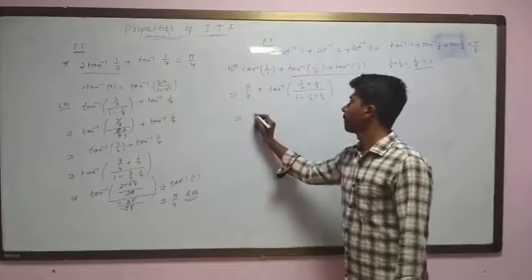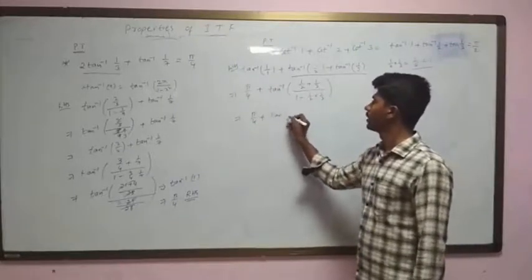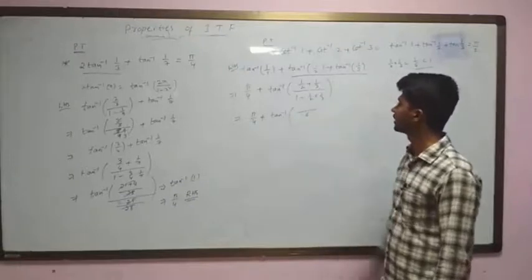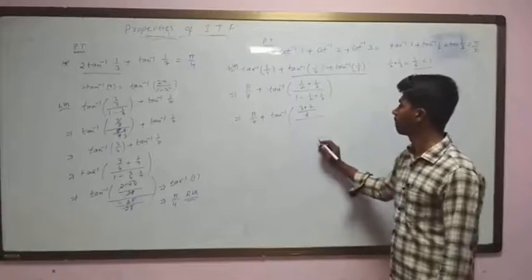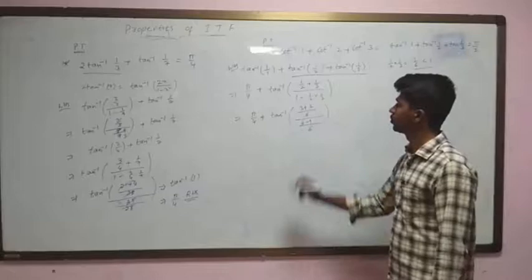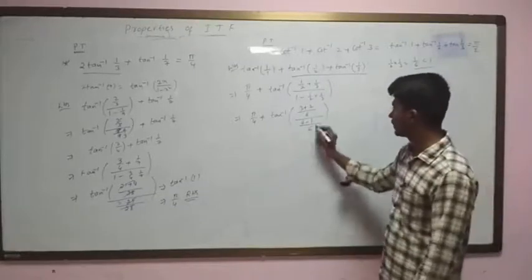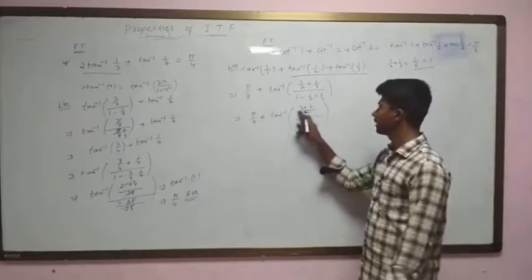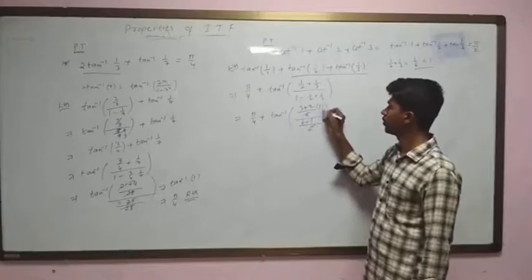Next, pi by 4 plus tan inverse, take LCM 6: 3 plus 2 by 6 minus 1. 6 and 6 get cancelled, 3 plus 2 is 5, 6 minus 1 is 5, 5 and 5 get cancelled, we get 1.